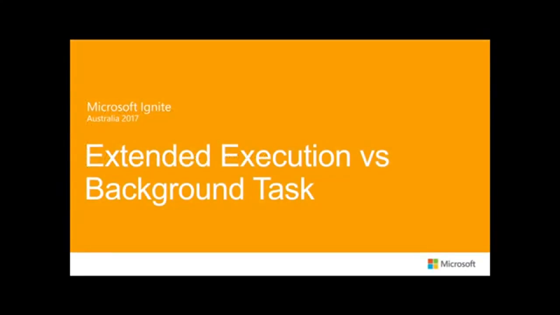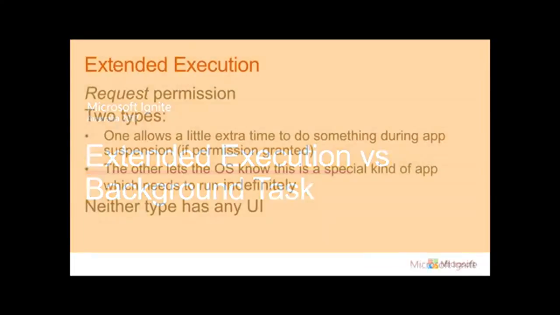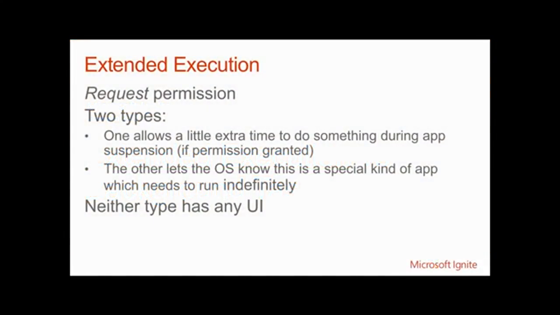Now, there are two different approaches on UWP. There's extended execution and there's a full-on background task. So we'll take a look at extended execution first. We'll see some code in a moment, but this is typically where you put something in that on suspending event handler, and you have to request permission to perform some extended execution.